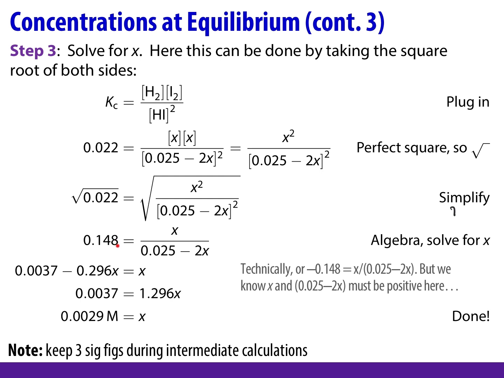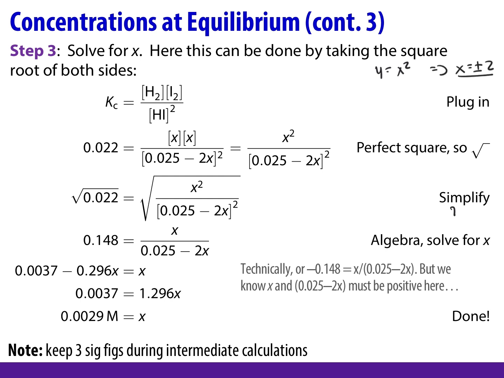That gets us 0.148 on the left-hand side and x over 0.025 minus 2x. Now, technically, this 0.148 is not exactly correct because when you take a square root, technically you have the plus or minus, right? If I said 4 is equal to x squared, the valid solutions here are x is equal to plus or minus 2.